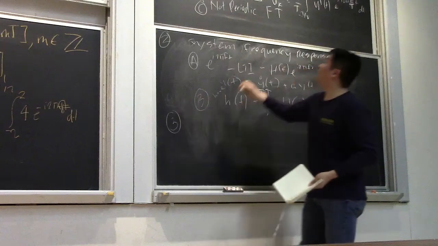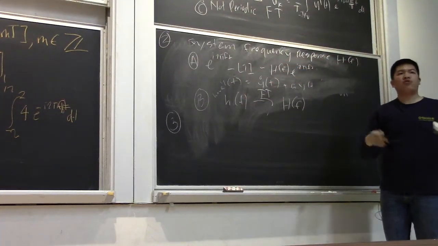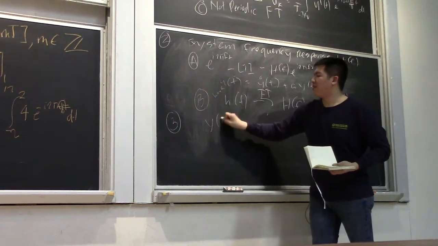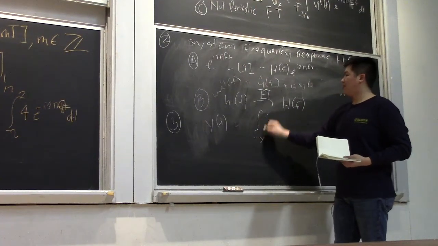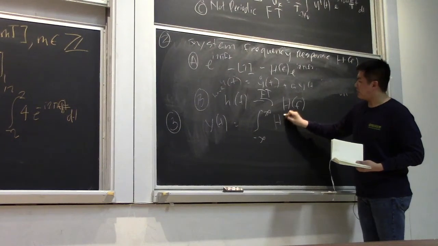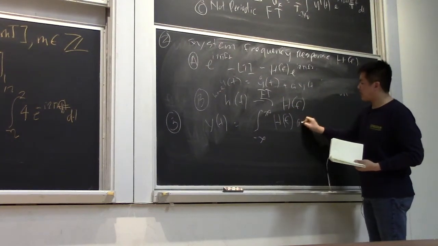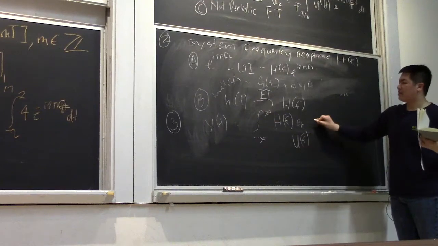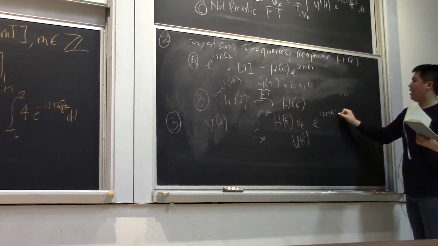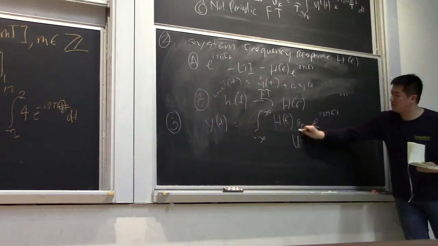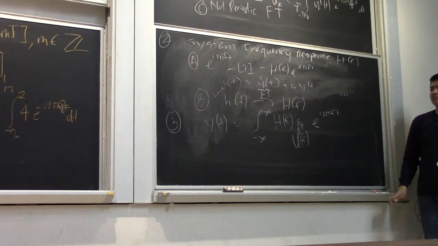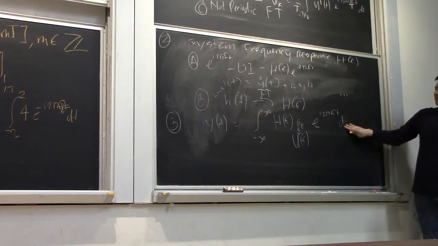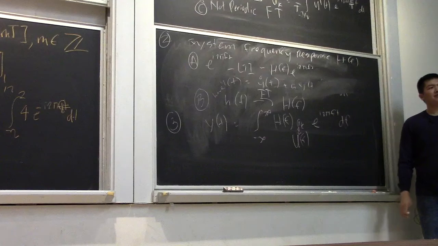So once you have u as some constants times e to the i somethings, then you have H of f, and y of t is H of f times the a sub k, or U of f if the signal is not periodic, times e to the i 2 pi ft, df.